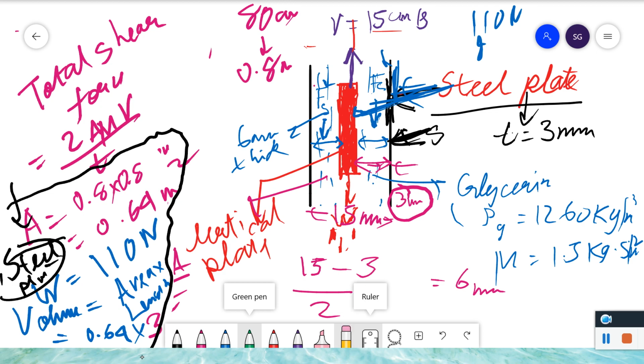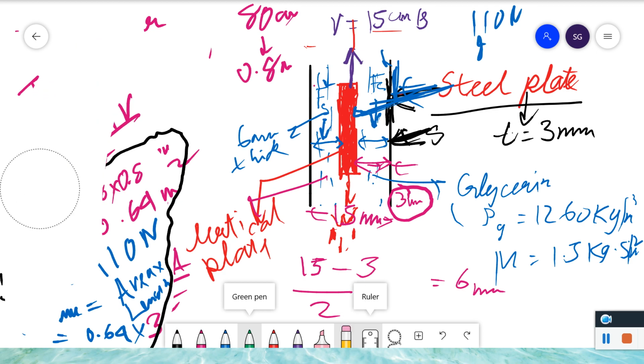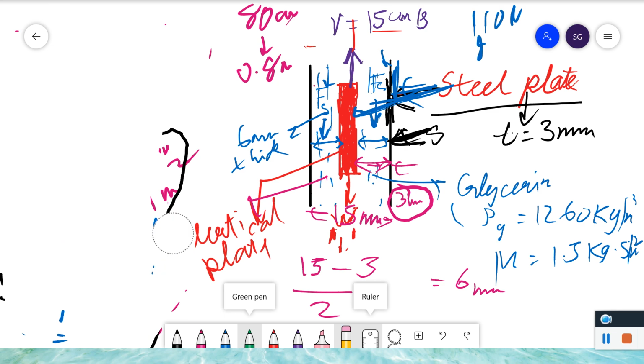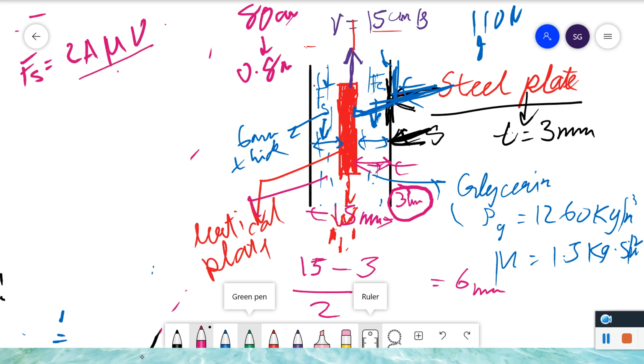So I will now write the results. We have found out results are as follows. Result is Fs is equal to 2A mu V upon T. Weight of steel plate is 110 Newton.